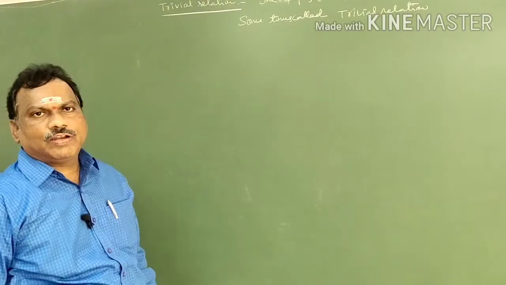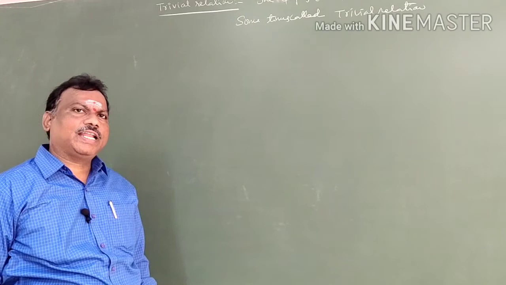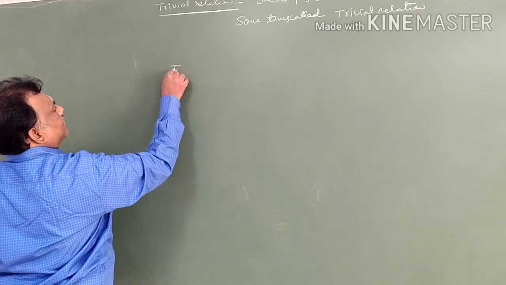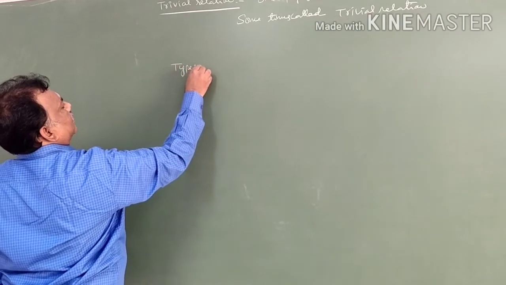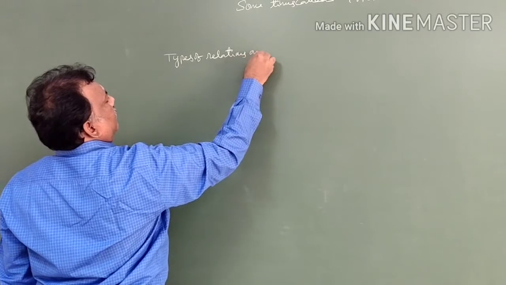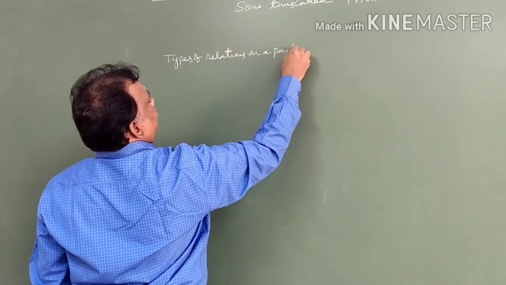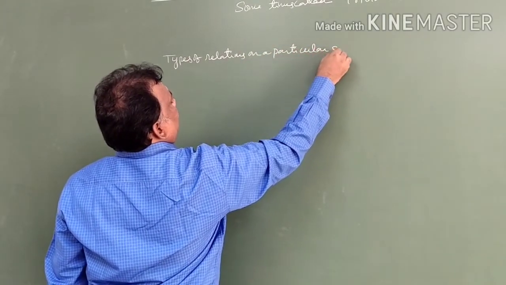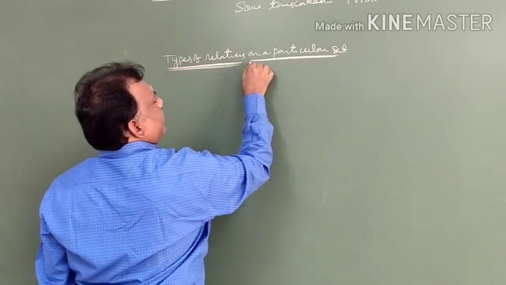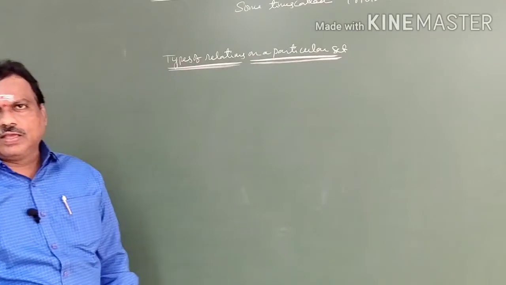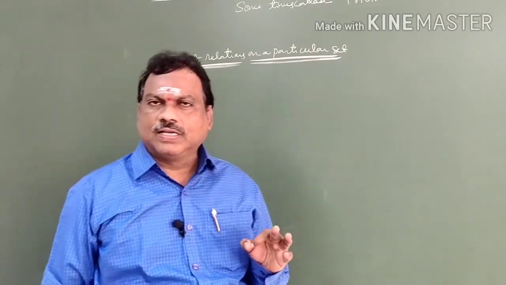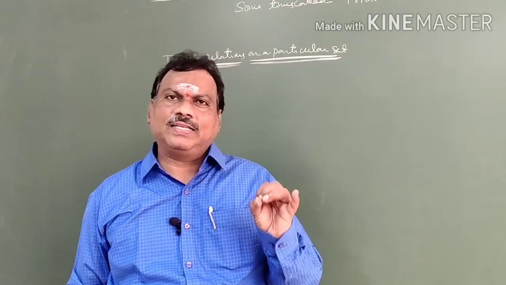Now we will go through some important types of relation on a particular set. That particular set we may consider as A. So we have 3 types of relations like reflexive, symmetric, transitive.